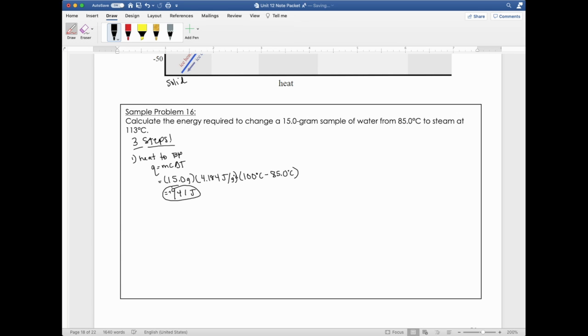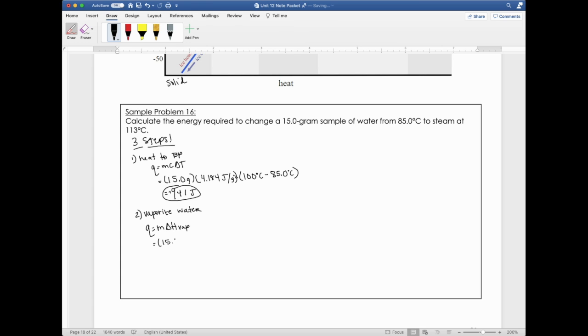Now that step has only brought water to its boiling point. So now we have to actually go through that phase change. We have to vaporize the water. To do that, we're going to use the equation Q equals M times the enthalpy of vaporization.